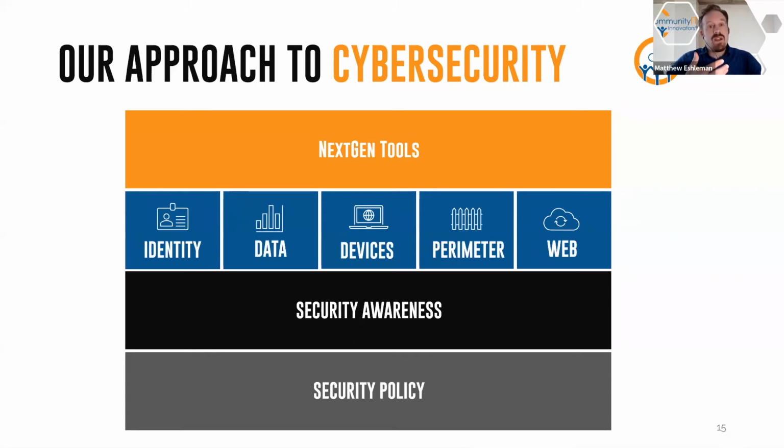Then once we have that invested in, we can focus on some of the other technical areas where there may be specific technology solutions in place related to protecting your digital identity, the data that your organization has, the devices that you're using, your network perimeter, such as it is, that could be at an office, or now perhaps your home, and the web protections. And then after we have those things in place, it may be appropriate to move on to next-gen tools. But we really want to root the protections that we put in place at our organizations with policy and training.